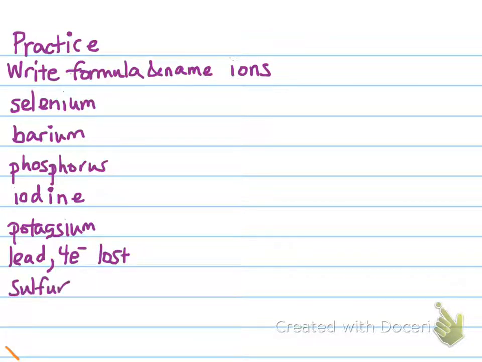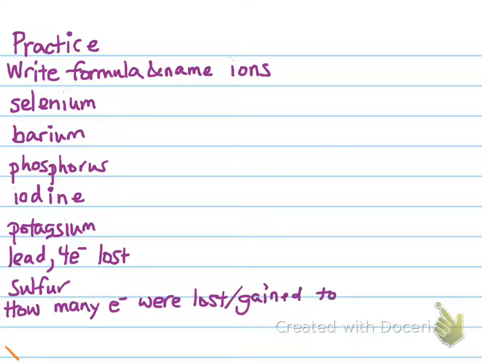So that's the first part I want you to do. I also want you to say how many electrons were lost or gained to form these ions. And I want you specifically to use the words lost or gained, not plus or minus.